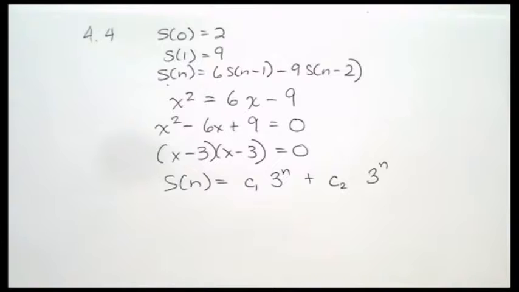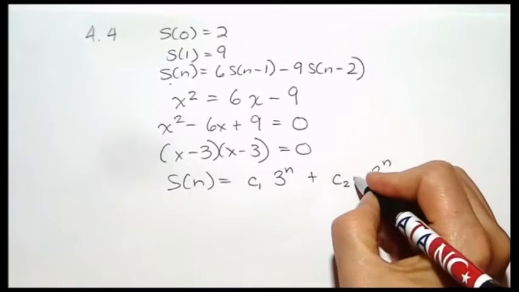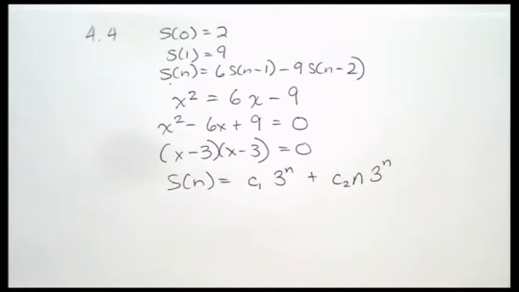However, any constants that these are, they could be added and this would just be 1 constant times 3 to the n. So I need to separate them. So I wouldn't get a double root unless there was something weird going on, and what that is, is that this is multiplied by n. So if you have a double root, you multiply the second term by n.